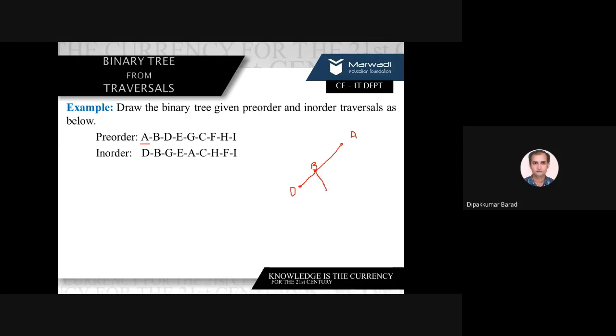Now I have to find out whether we get G or E here. From left and then right, this is my E. And then G is on the left of E in in-order. So I get here the left child as G.